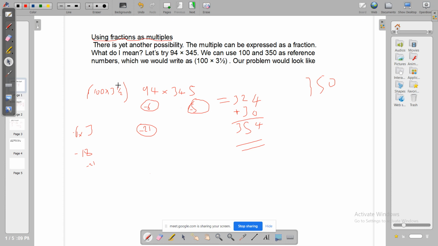Half of 6 is 3. If I have it here, it will be 6 times 1 over 2, that is half. When you do it, that too will be 3. So now you add your 3 and your 18, which will give you minus 21. So it means that 6 times 3 whole number 1 over 2 is minus 21. Do you understand?